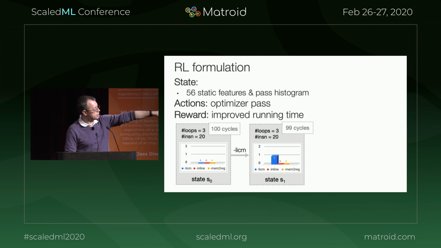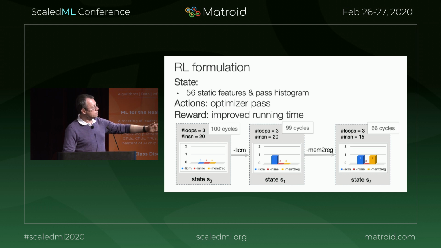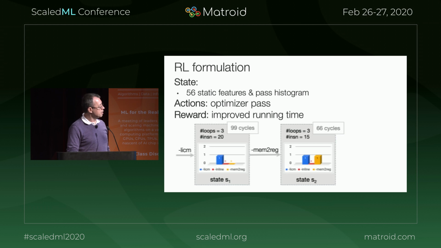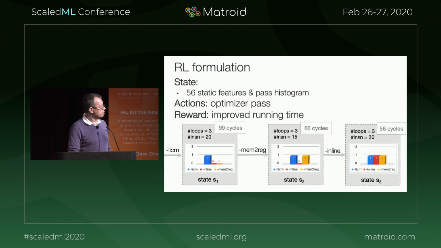Now in the histogram I have 1 because I applied this optimization. I also have 100 cycles, say the running time. The running time decreased a little bit to 99 cycles. Then I pick another one, mem to reg. Again I modify the histogram, and now I go down to 66 cycles. And finally, I also use inline, and now I go down to 56 cycles.